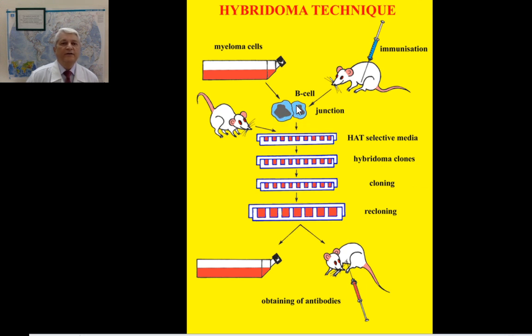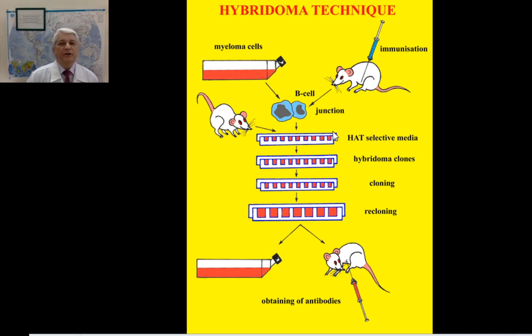So finally we have a mixture of different cells, hybrids and non-hybrids. Now we must find the hybrid cell, which is immortal as a myeloma cell and which is producing monoclonal antibodies against the antigen which we injected to the mice.